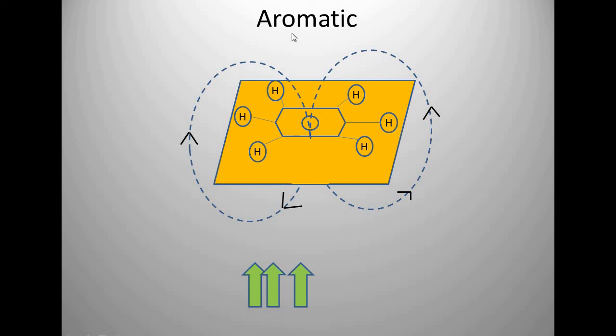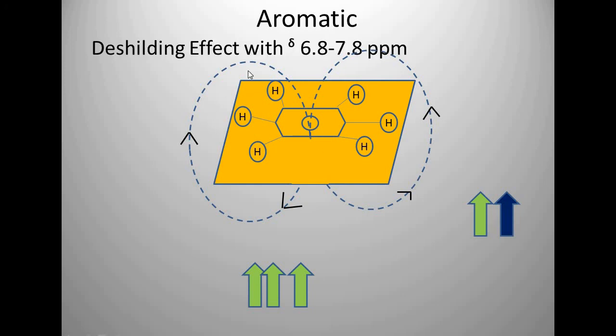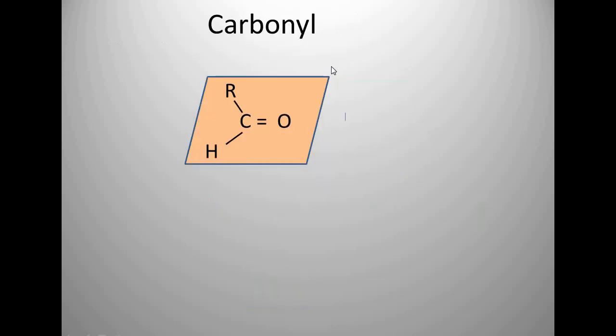The external magnetic field is also in this direction, so the external field is parallel to the internal induced magnetic field. Then we can say it is a de-shielding effect with a delta value of 6.8 to 7.8 ppm.